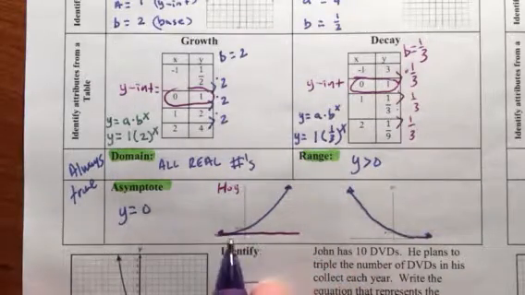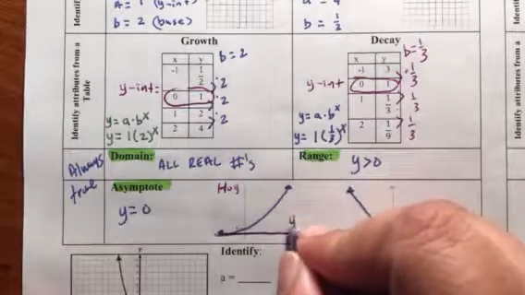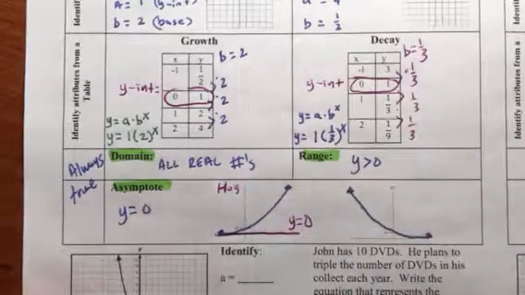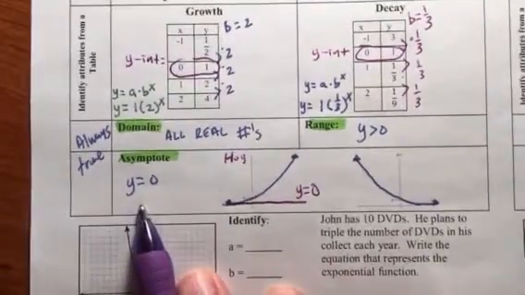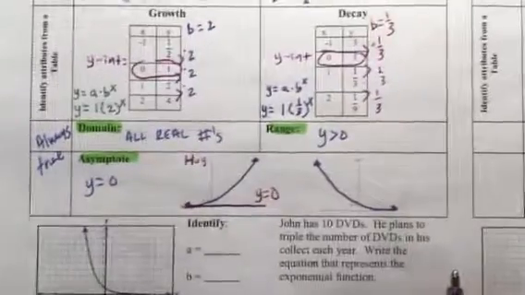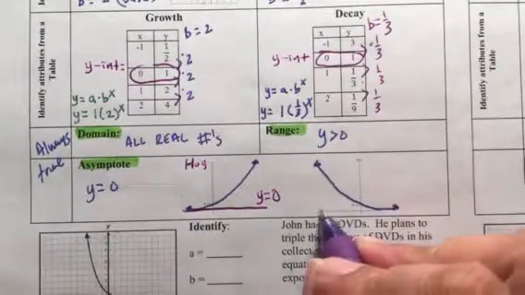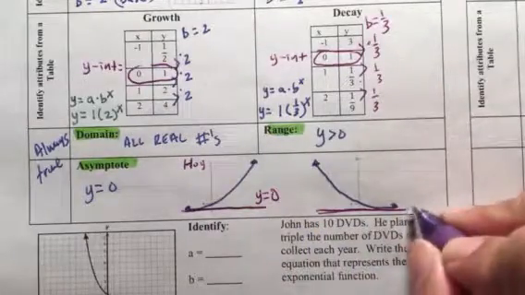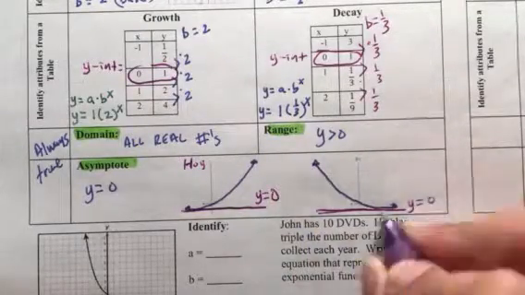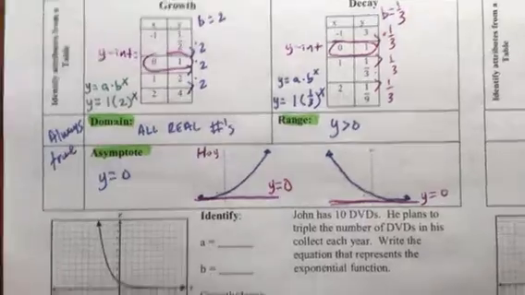Well, this is a horizontal line. So what does y equal? Y equals 0. So that's where this comes from. So just a little bit more explanation on how you get y equals 0. So it's true on both, on a decay or in a growth.